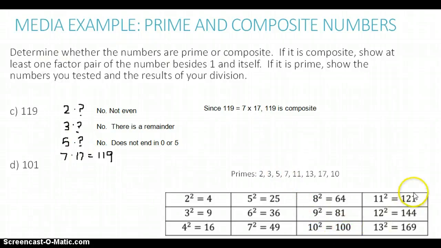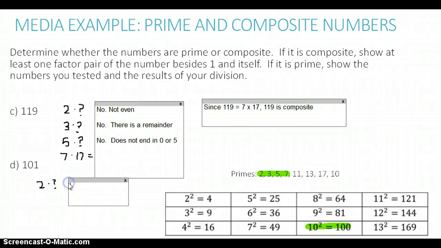101 falls between 100 and 121, so we'd round down. We need to check the prime numbers less than 10, which again is just 2, 3, 5, and 7. So, starting with 2, we say, no, it is not even. So 101 is not even.